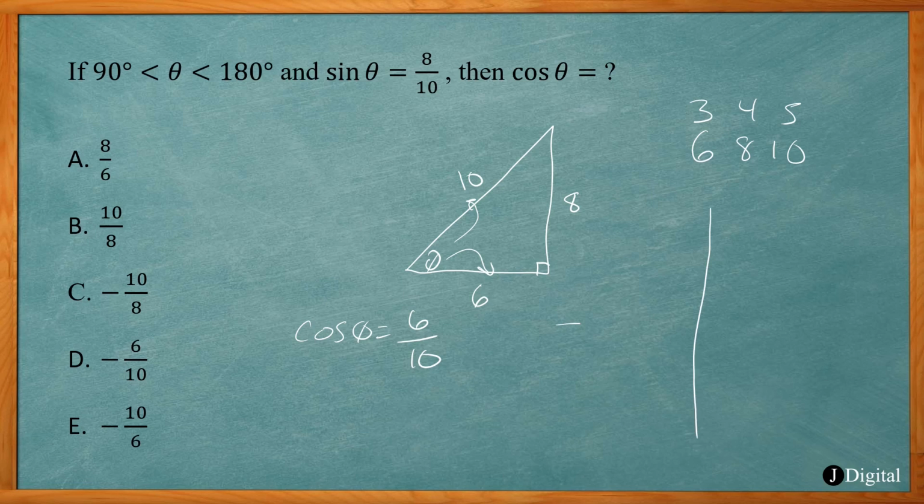On our scale here, we get 0 degrees, 90 degrees, 180, 270. So we're between 90 and 180. Our cosine, which is basically our x values, is going to be negative. So in this case, our cosine theta is going to equal negative 6 over 10.